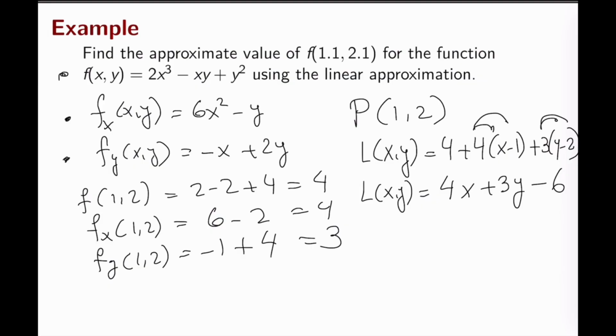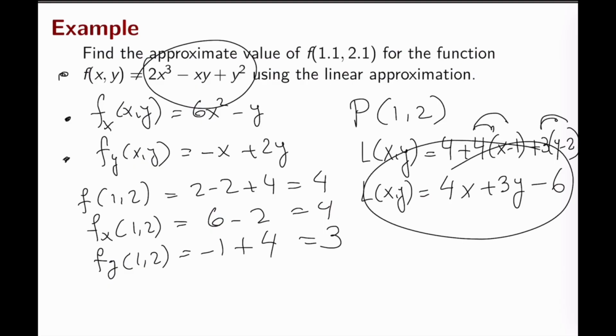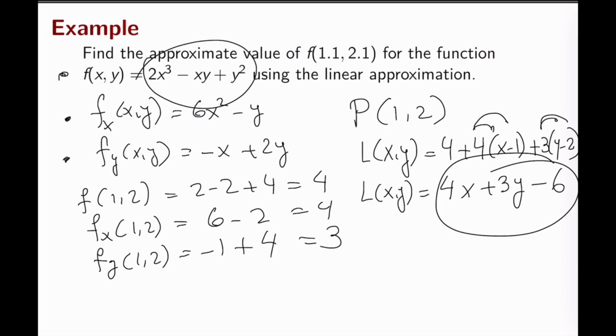So what we have here is that our function is approximately the same as this one. Observe that this one is linear, the exponents are all ones, whereas this one has a cube and is more complicated.